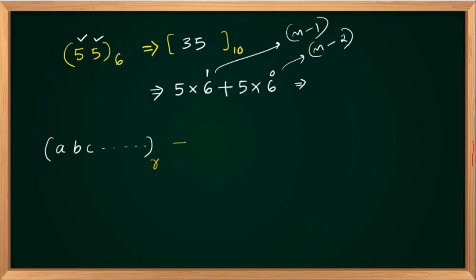I should convert that number into decimal equivalent. Similar to this, instead of 6, the base is r. Here I had 2 digits, here I am having n number of digits.